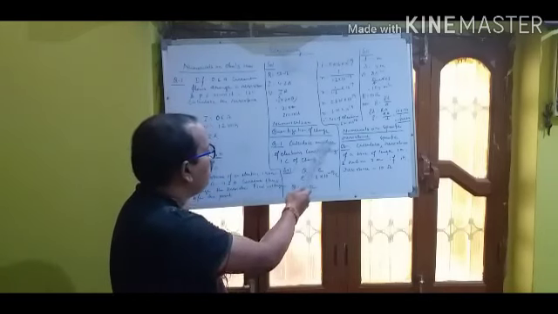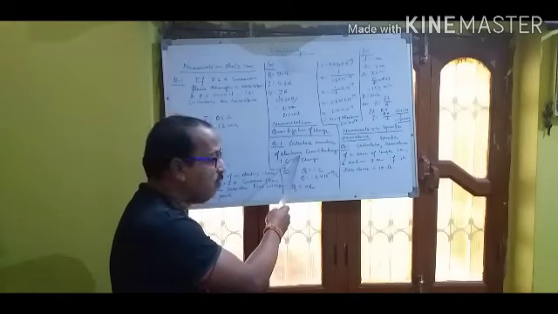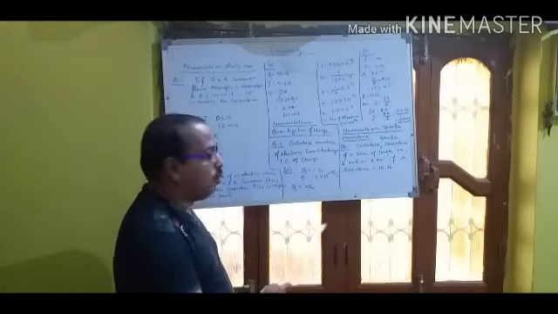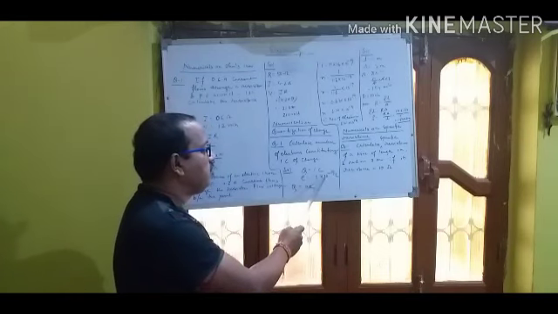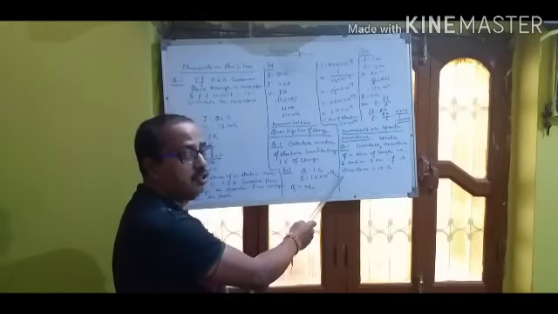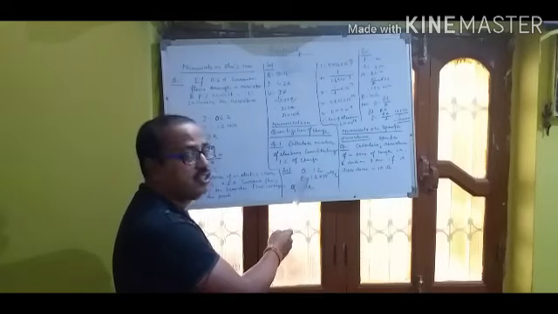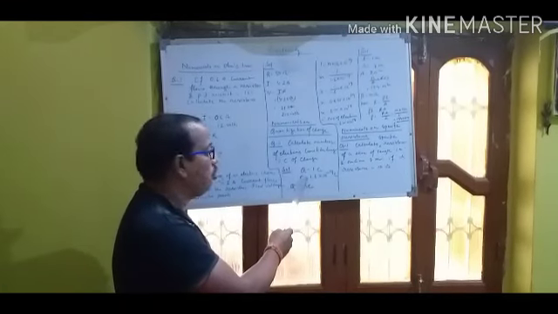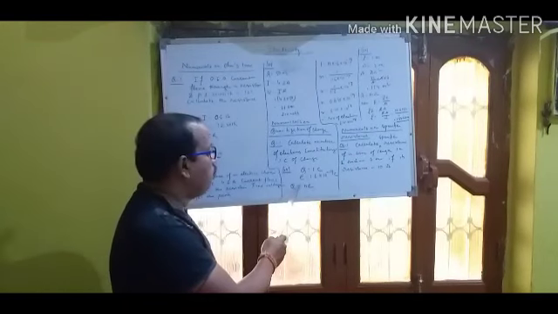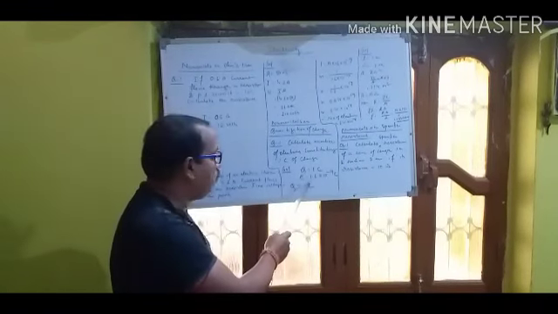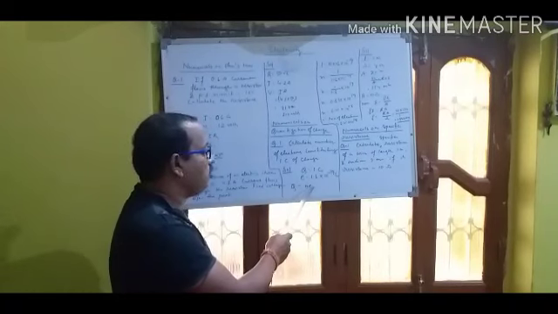You have to calculate the number of electrons, and we know that charge of 1 electron e is equal to 1.6 into 10 to the power minus 19 coulomb. Now by using the formula Q equal to Ne, you have to find out the number of electrons, that is N.